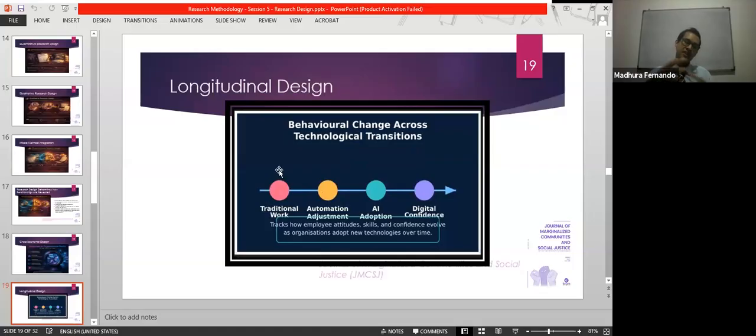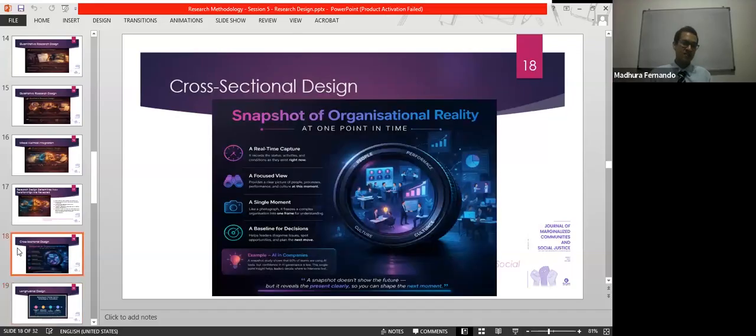Same conceptual framework, so you can compare each value, and then you can get a direction of what is happening with the behavior. You can predict what happens to the employees, what has happened to the employees, and how we can adjust those things. All those things you can get an idea about when you follow this longitudinal design, unlike in the cross-sectional design, right?